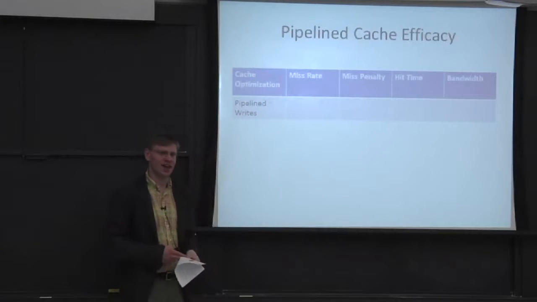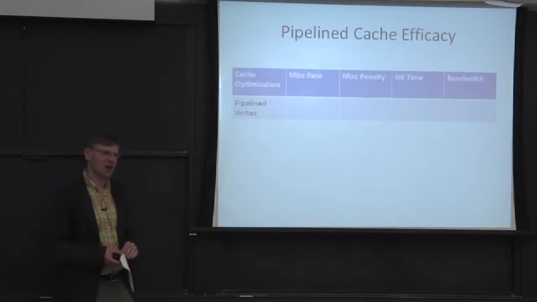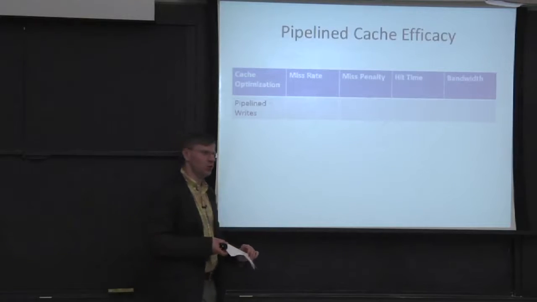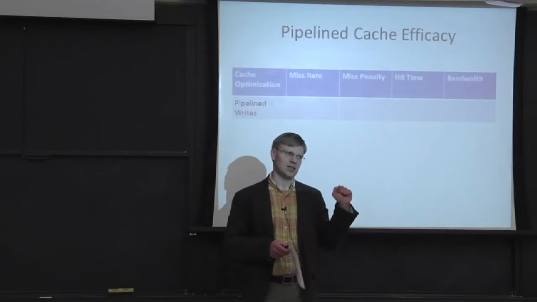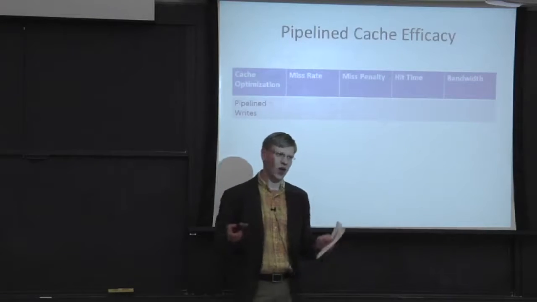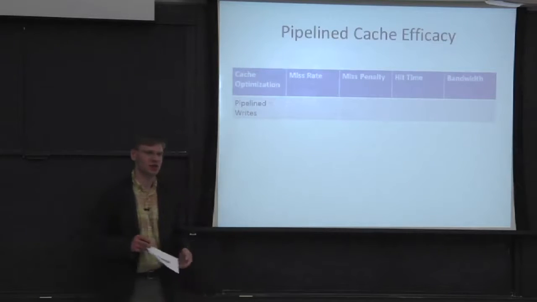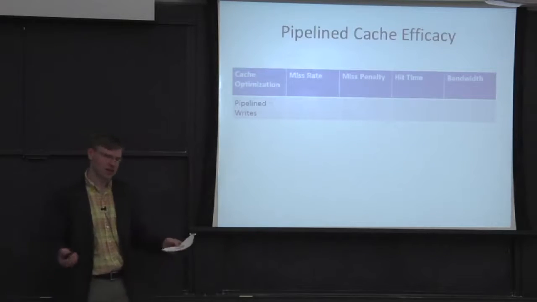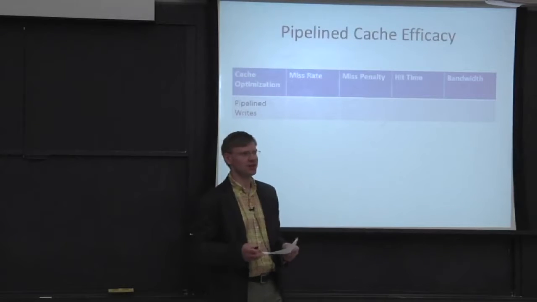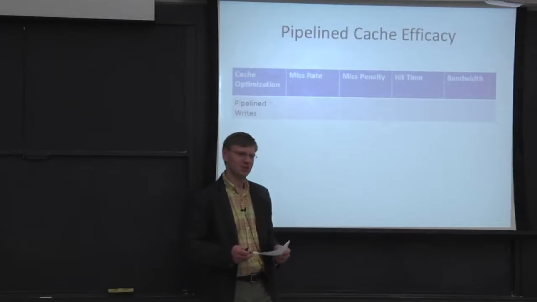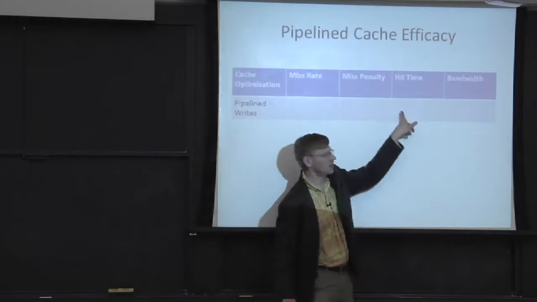Well, it's going to affect the hit time. It's kind of hard to see whether it does so in the positive or negative direction here. If you compare to having, let's say, tag access and data access all in the same cycle, pipelining is actually going to make the hit time a little bit better because you're doing less in a cycle. So that would have us put a plus here.